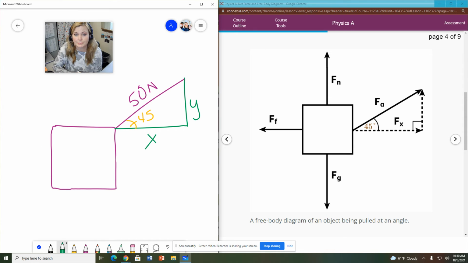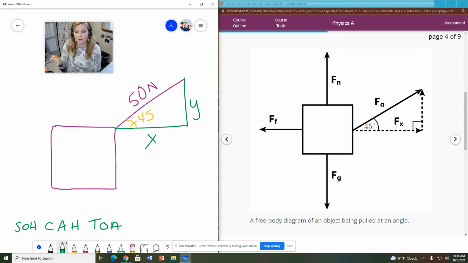Then we can just do a little bit of math. SOHCAHTOA. So sine, cosine, tangent. Okay. So we have the hypotenuse here, right? If I want to figure out my x component, x is going to be the adjacent.